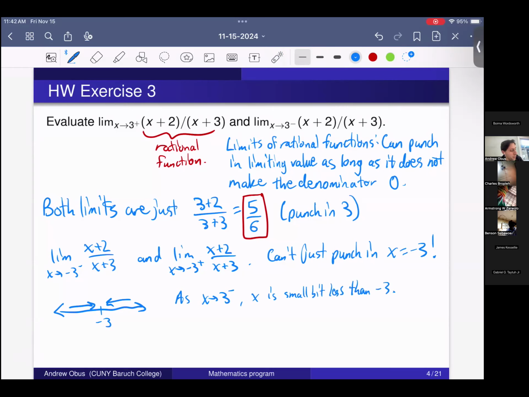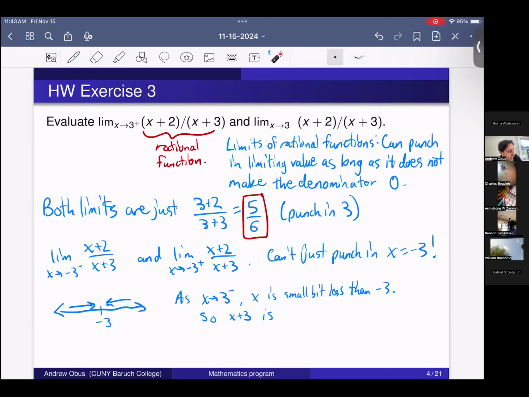So what does that mean for the denominator? So x plus 3, if I take x to be a tiny, tiny bit less than -3, what does that tell us about x plus 3? What kind of number is that? Not quite positive, right?